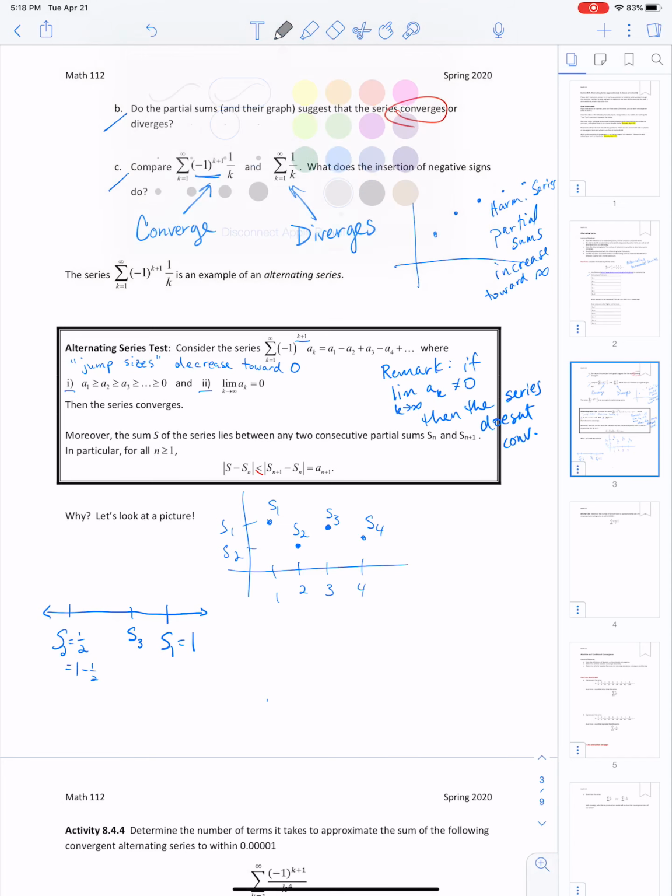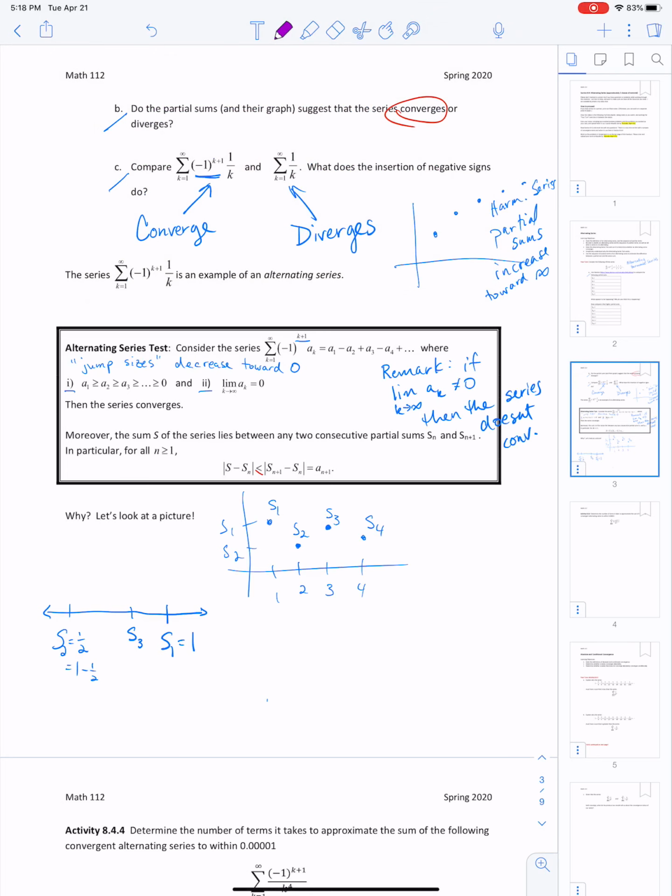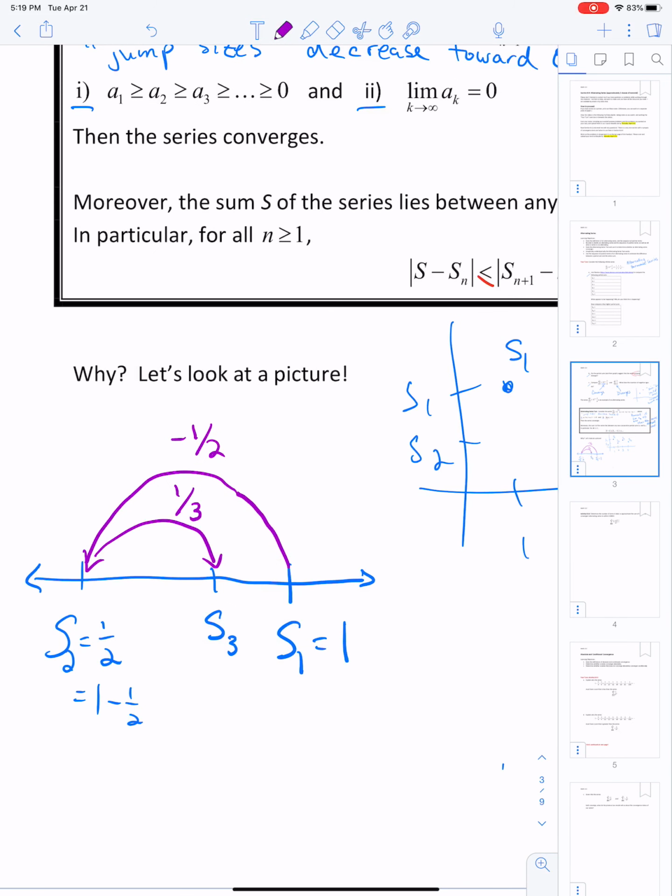So I'm going to plot what's happening in terms of these jumps. We're jumping back by 1/2, and then to get to the next term, we're jumping forward by 1/3 to get to S3, and then to get to S4, we're going to jump back by 1/4, and so on.